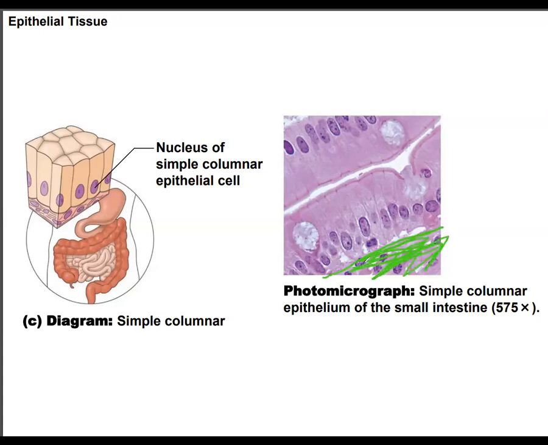That's just underlying tissue. What you're looking at is these are one row of tall column-shaped cells right here. So if you have one row of tall column cells, the one row gives it the name simple. Tall rectangle cells gives the middle name columnar, and the family name is epithelium. So this is simple columnar epithelium.